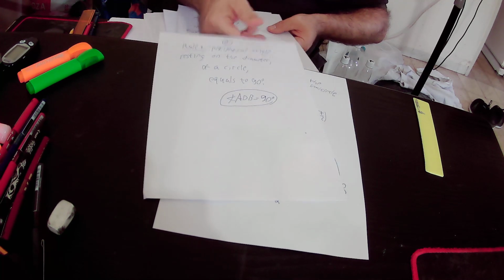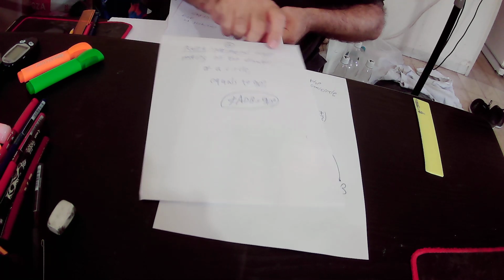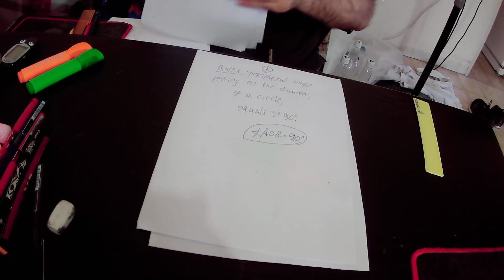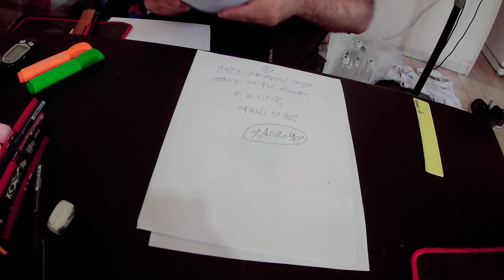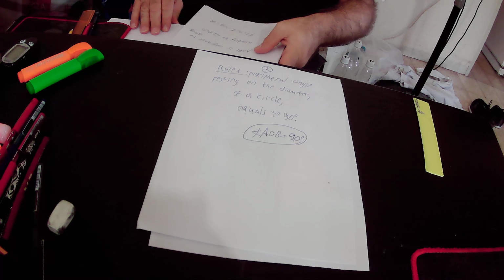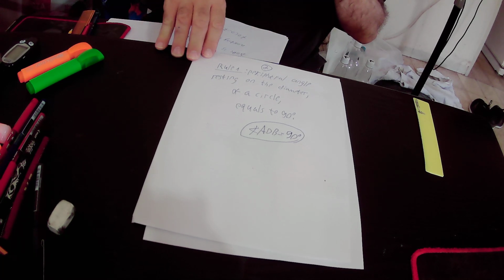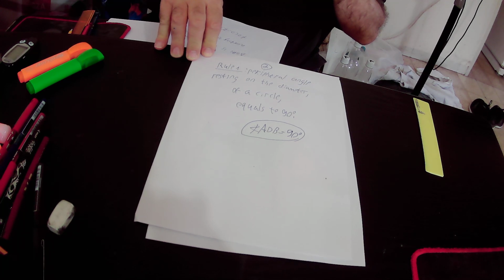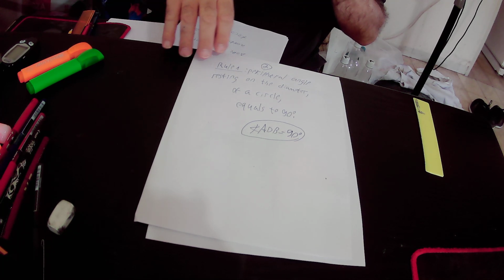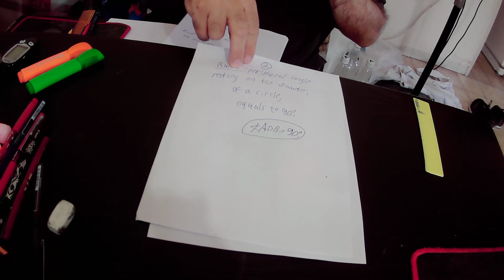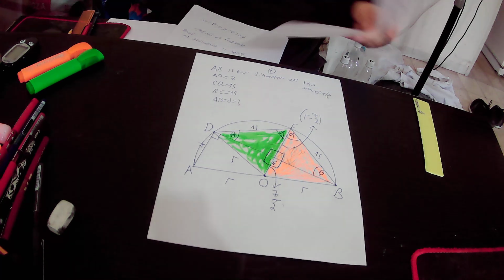Again, rule number 1 states that a peripheral angle resting on the diameter of a circle is equal to 90 degrees. So angle ADB rests on AB, the diameter of the semicircle. Therefore, according to rule number 1, angle ADB is a right angle, it equals 90 degrees.